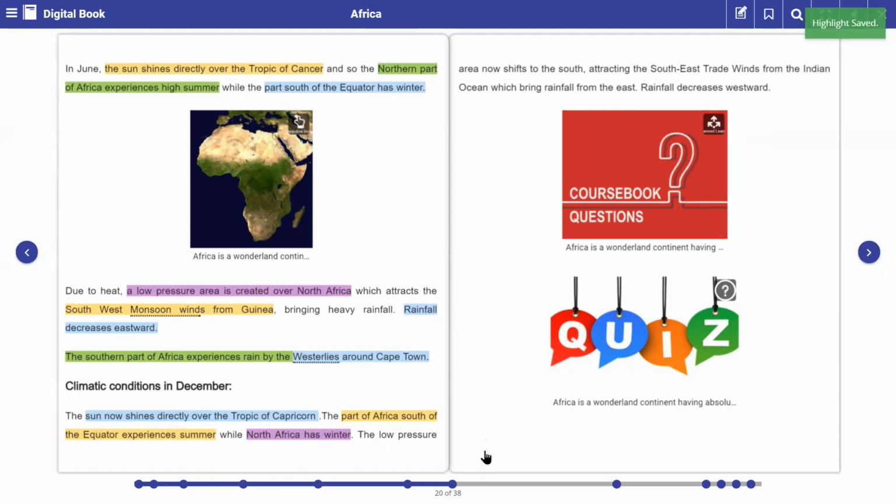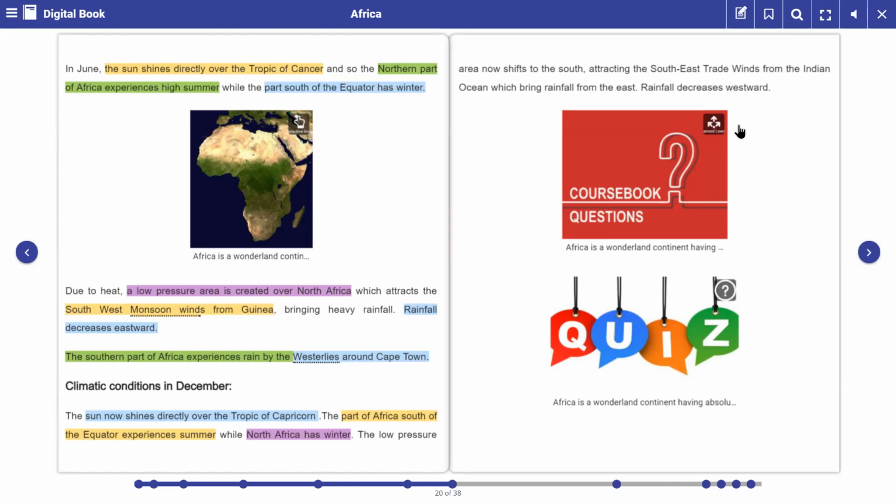Now, the low pressure area shifts to the south, attracting the southeast trade winds from the Indian Ocean, which will bring rainfall from the east. Rainfall decreases westward.